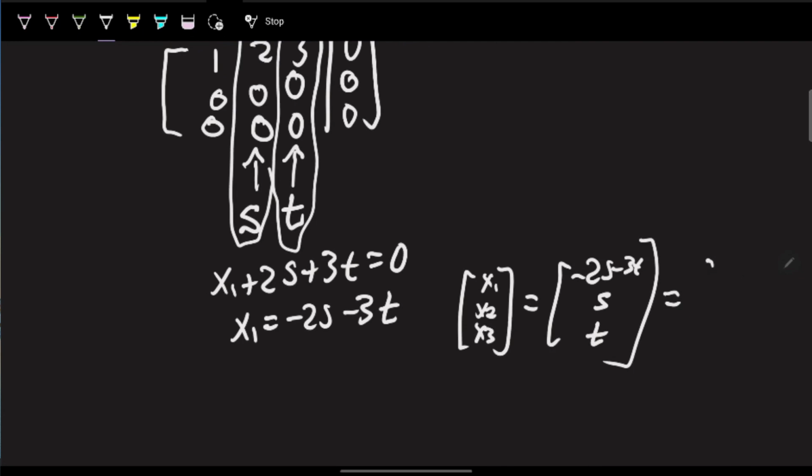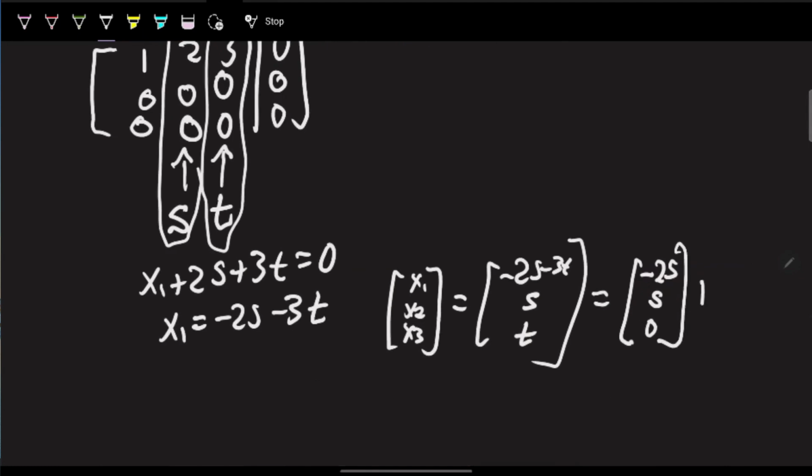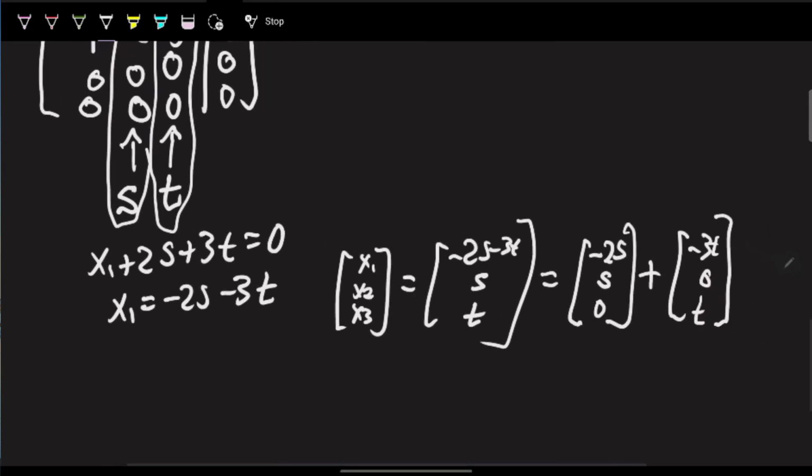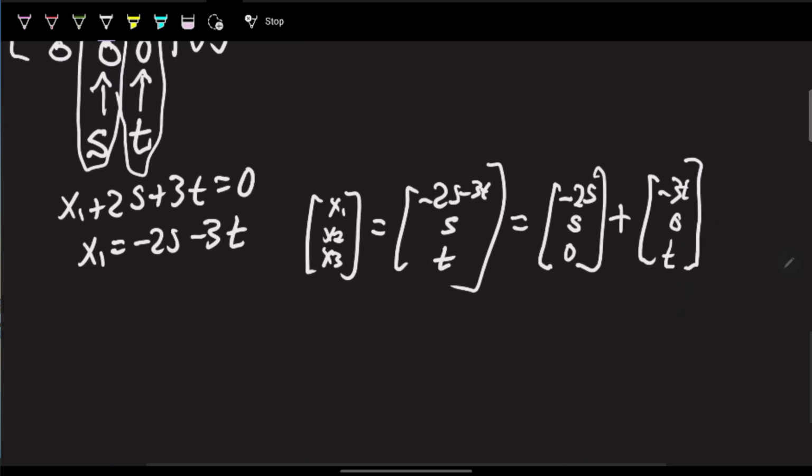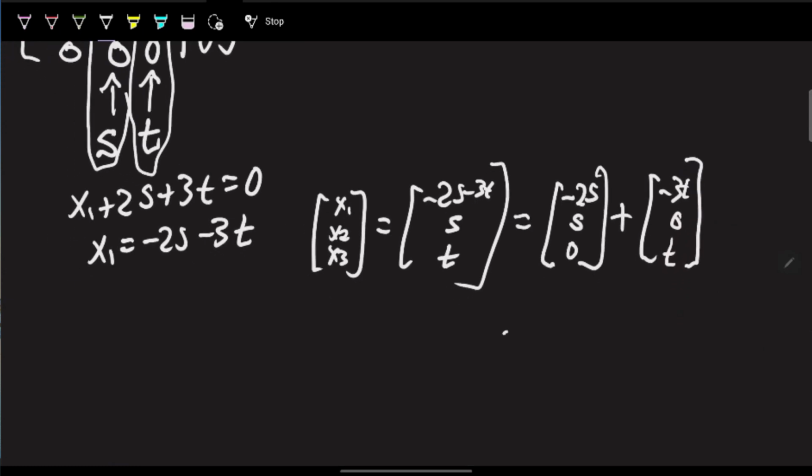This is what made it make sense to me. One vector is minus 2s, s, and 0, and the other vector is minus 3t, 0, and t. So this is basically parametric vector form. I think parametric vector form means you just pull the s out, so to speak. Is this the notation that you use?